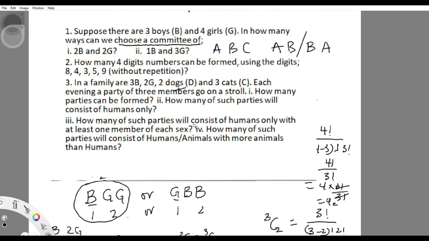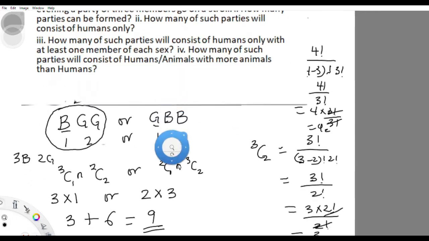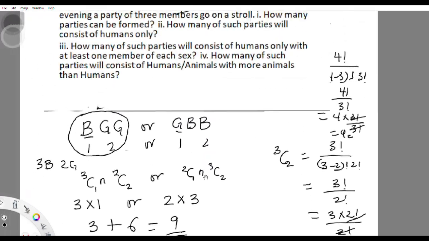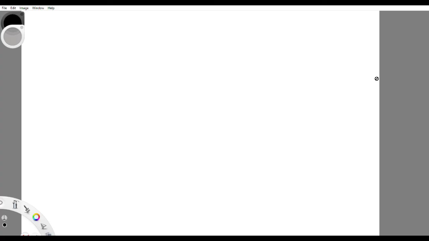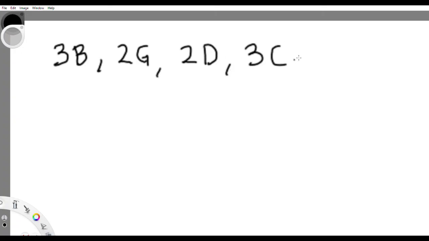Okay, now this is another question. How many of such parties will consist of humans and animals with more animals than humans? So let's first remember we have 3 boys, 2 girls, 2 dogs, 3 cats.